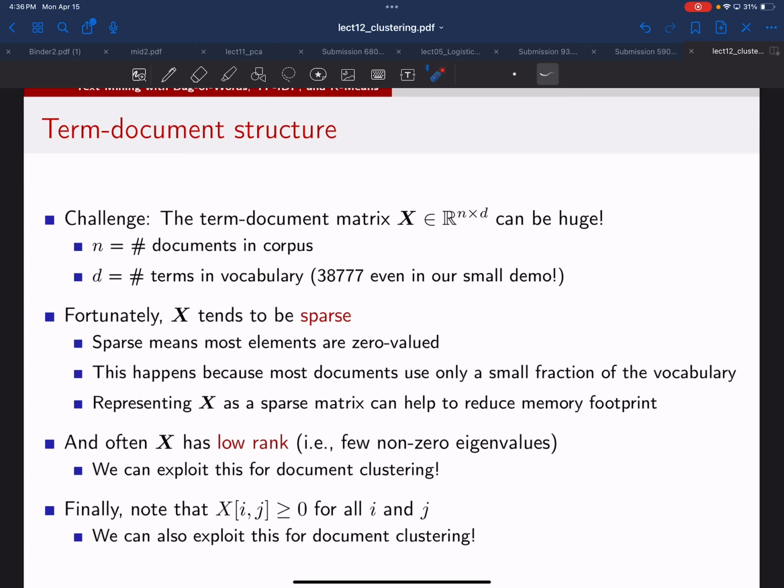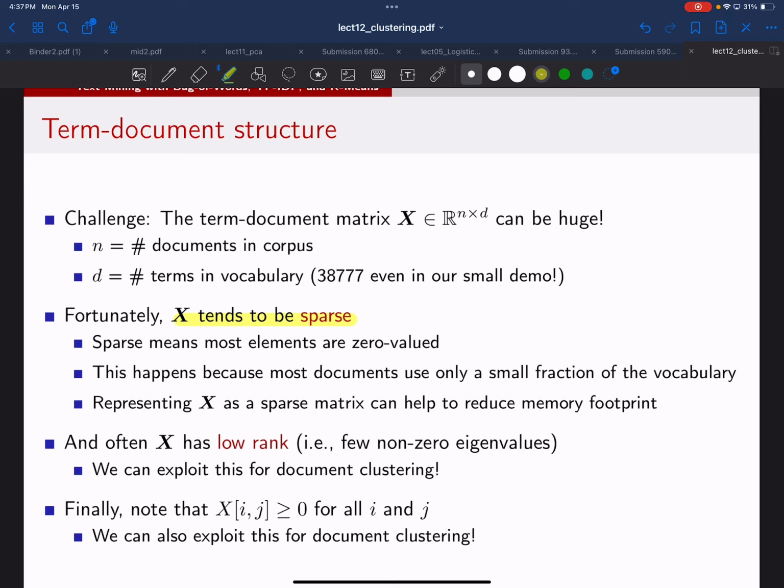Less than 10% of them will appear in a document. So that means you're going to have tons of zeros in this matrix, and we call that a sparse matrix. A sparse matrix is just a matrix where a big fraction of the coefficients are 0 value.